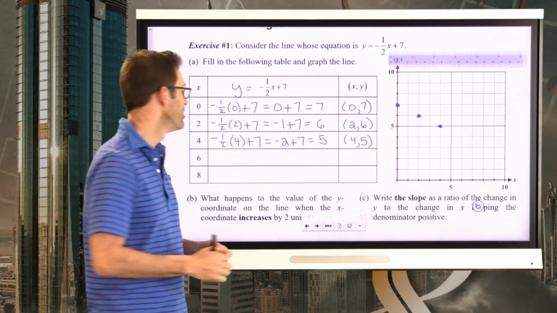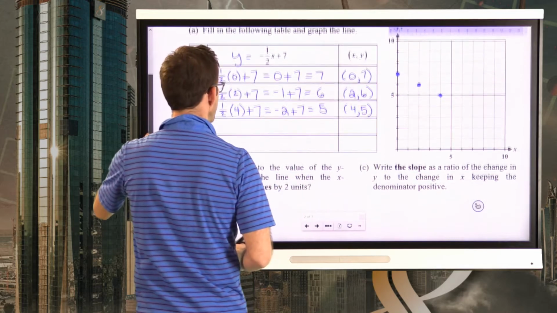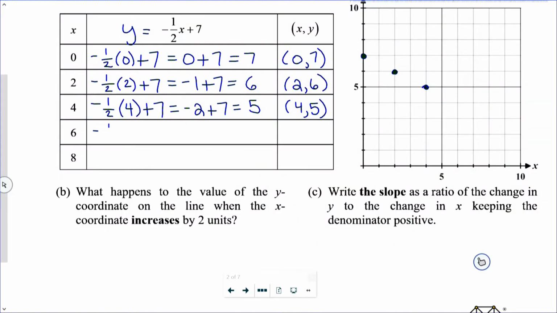All right, let's do it. Let me bring this down here a little bit. I'll have -1/2 times 6 plus 7. -1/2 times 6 is -3, plus 7, a little cancellation there gives me 4. So I'll have the point (6, 4).